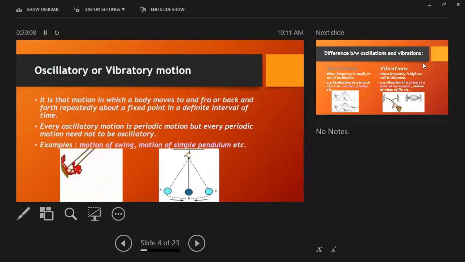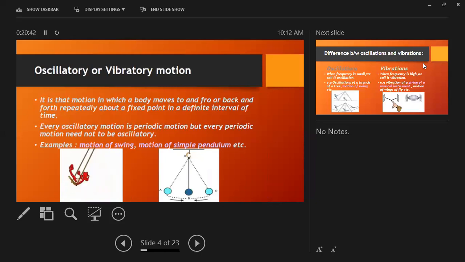Oscillating motion is that in which the body moves to and fro, back and forth repeatedly.